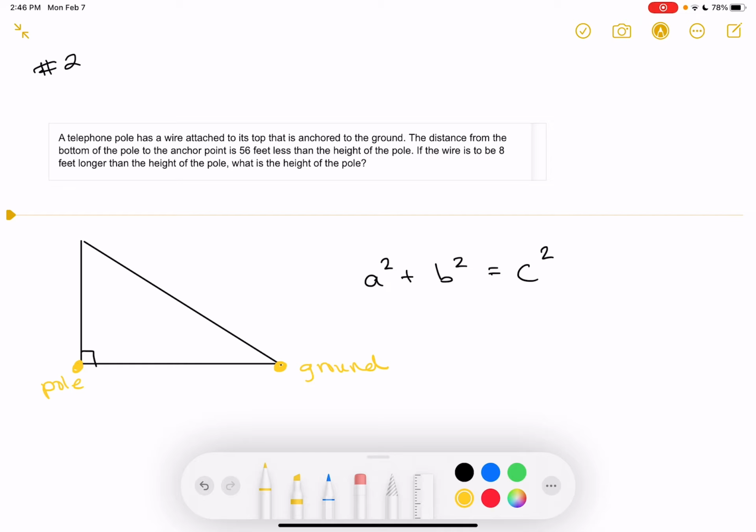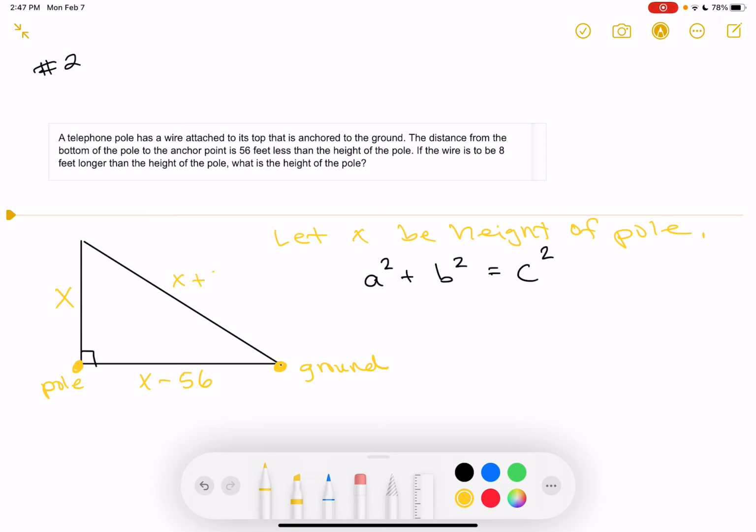So if I go ahead and write, let x be the height of pole, then I would have, here's my pole, and the anchor point is 56 feet less, so subtract x minus 56. If the wire is to be 8 feet longer, so 8 more than the height, what is the height?